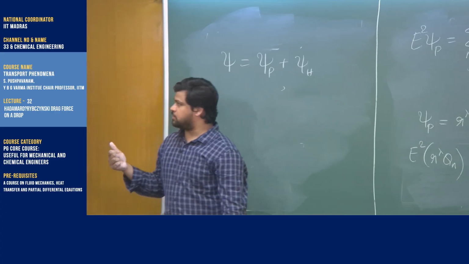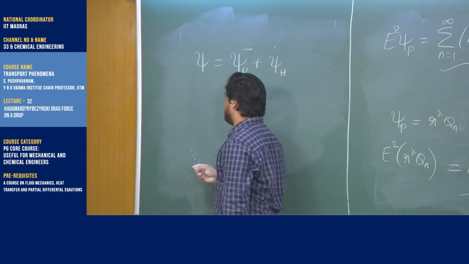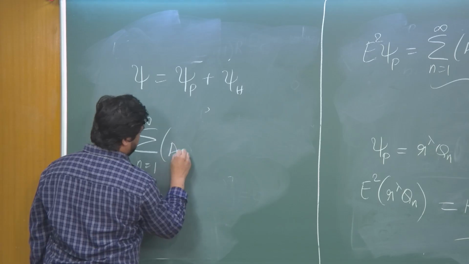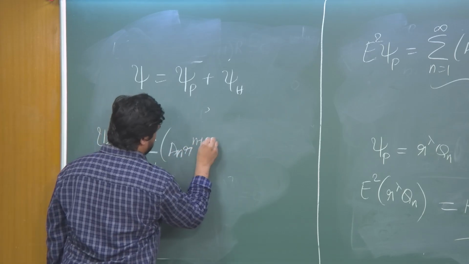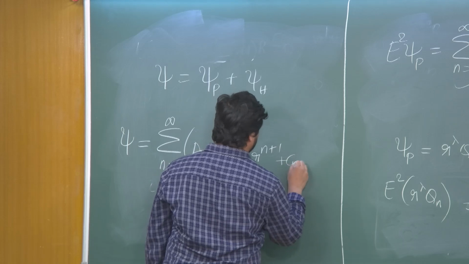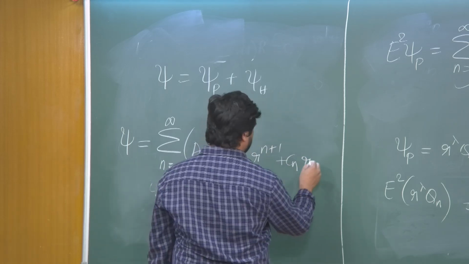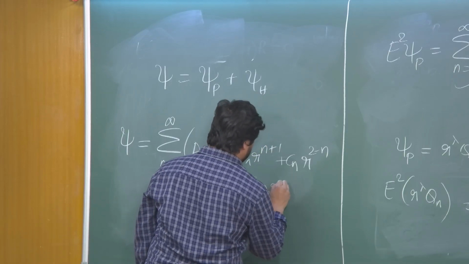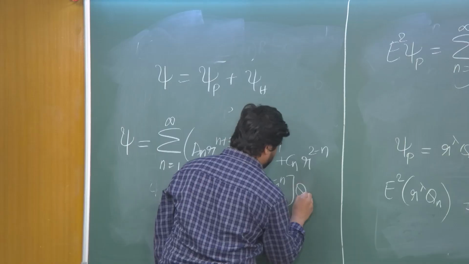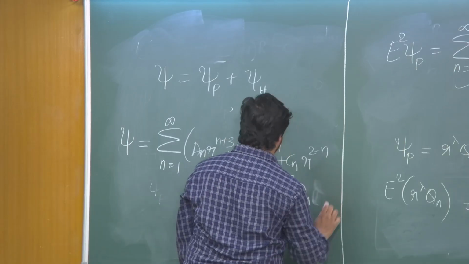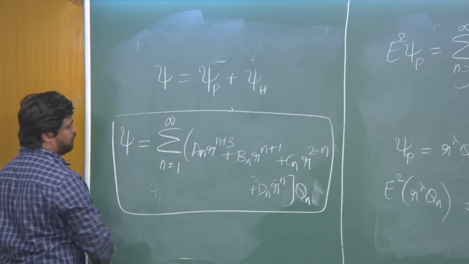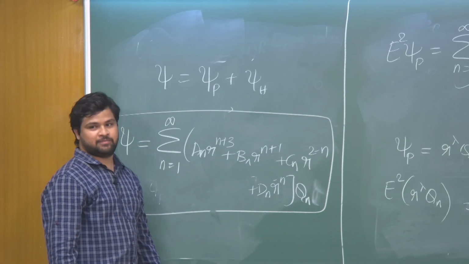See, if you can see both have Qn dependency, you can take it common, and your final solution is in the form of... So, this is your final solution for stream function.